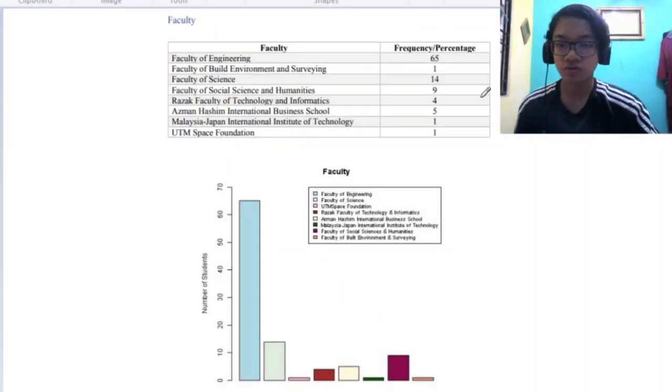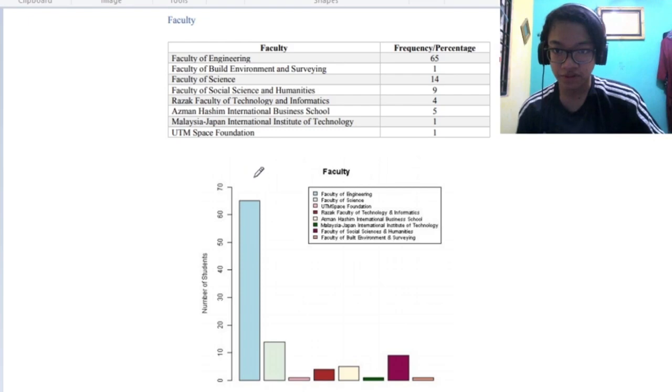Okay, so here we have the faculty data, and from this we can look at all the respondents from all the faculties, from the Faculty of Engineering and so on. Here we have over 100 samples of data, and we transformed these data into a bar chart using R programming.